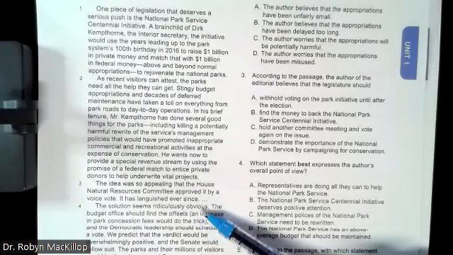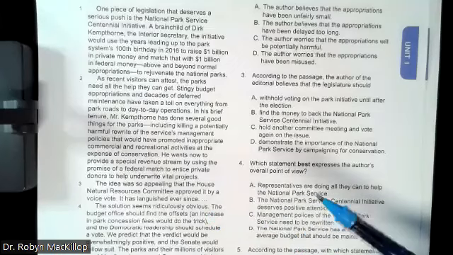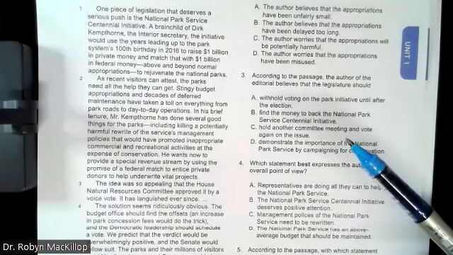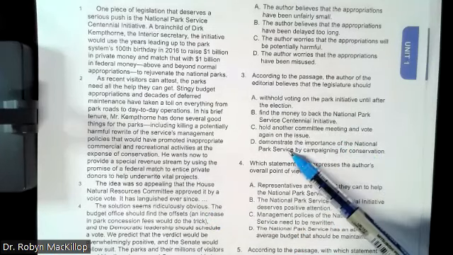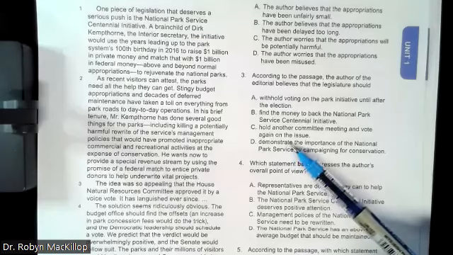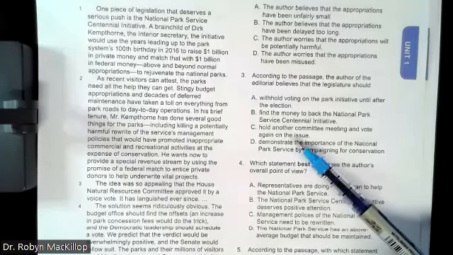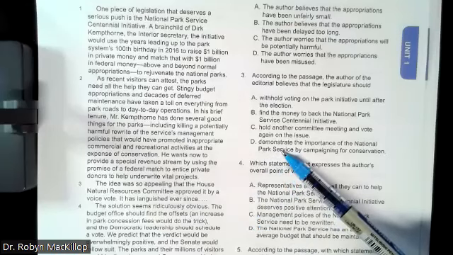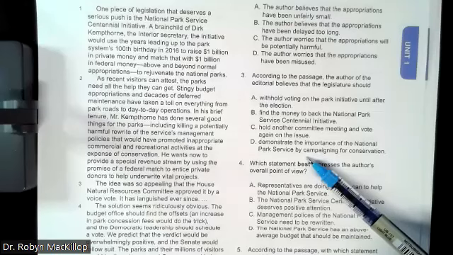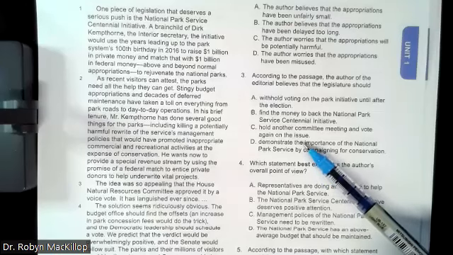It's important to demonstrate the importance of the National Park Service by campaigning for conservation. Absolutely true.